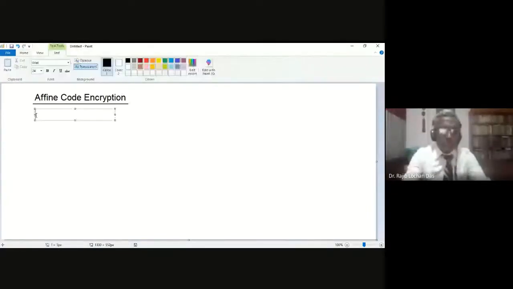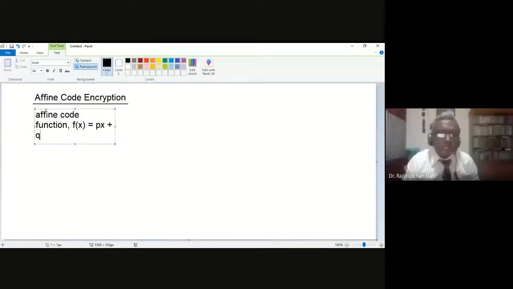The affine code function is actually f(x) equal to, what did I write? I forgot. Okay, let me just write px plus q, like this.